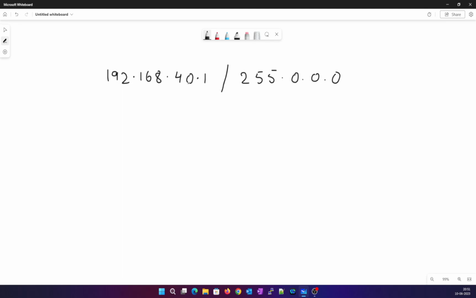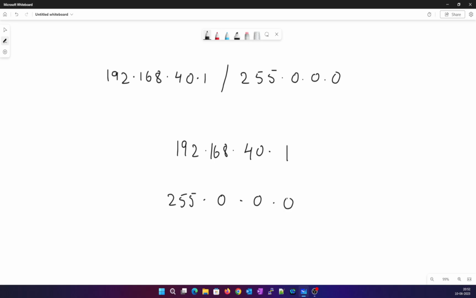So let's try to find that out, using the easiest subnetting math. All you need to do is write down this IP address, 192.168.40.1, along with this address mask, 255.0.0.0.